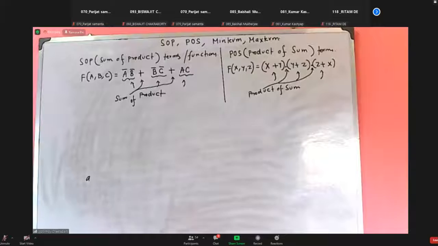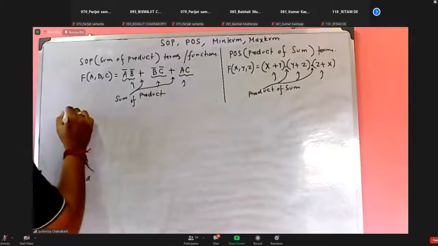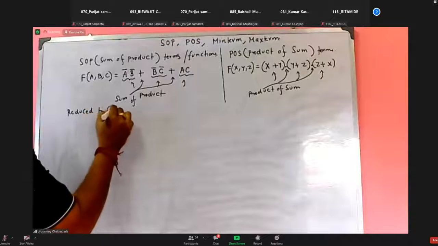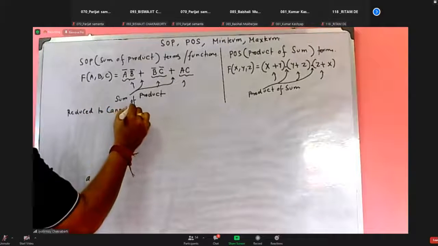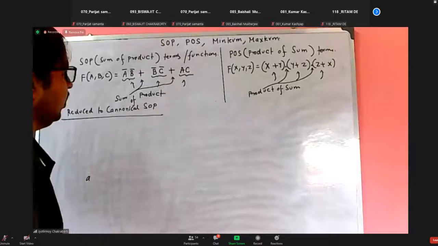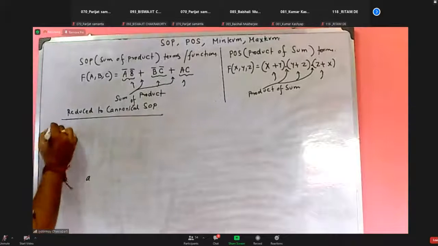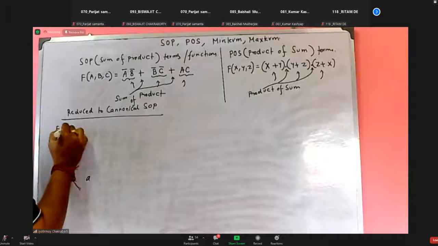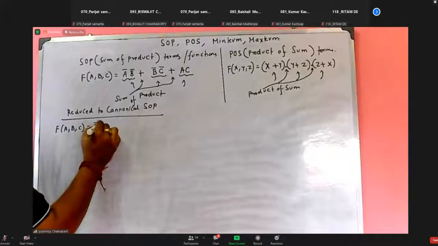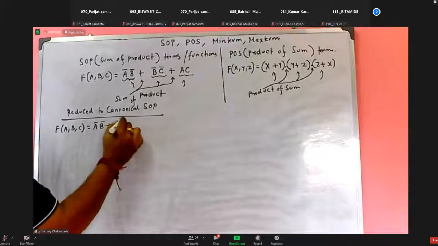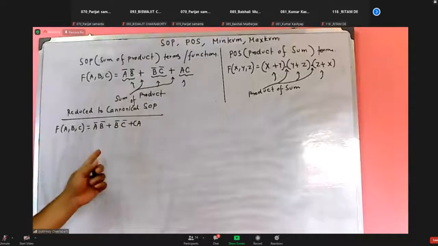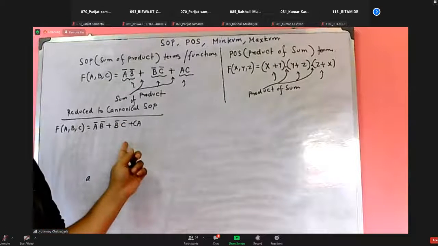So canonical to reduced, so how to do it? So look at this expression which is to be converted.